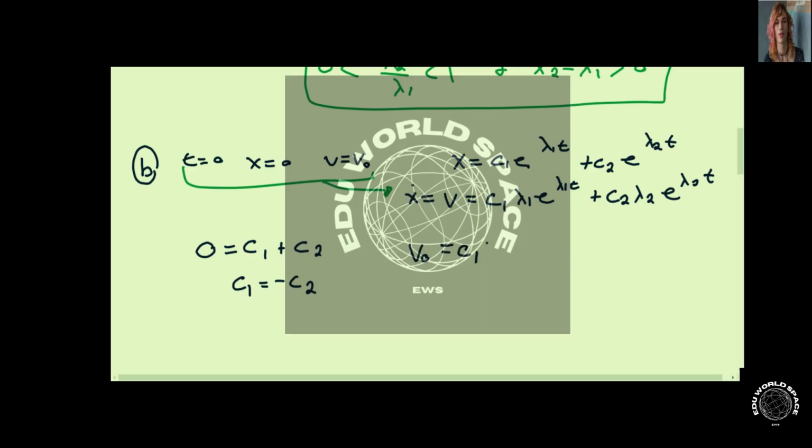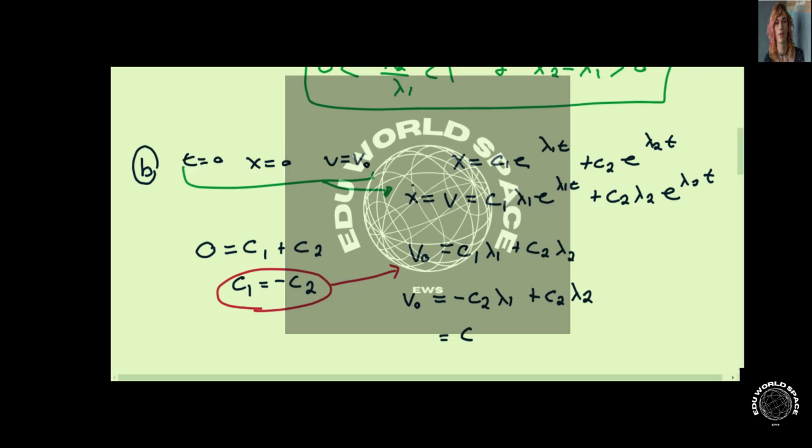And from this, we can plug this into this, okay? And if we do that, we get v naught equals negative c2 lambda 1 plus c2 lambda 2, okay? And we're going to take out c2 equals lambda 2 minus lambda 1. Okay?